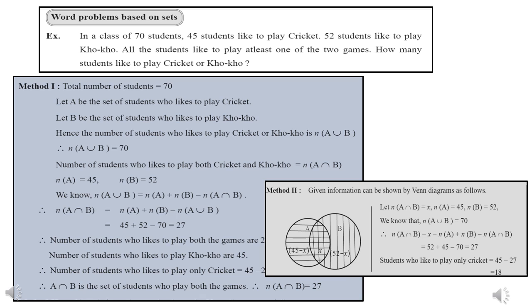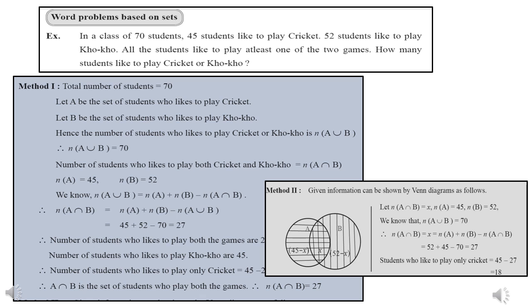So n(A) is 45, n(B) is 52. We know n(A union B) is 70. So if I use my formula, same as we did in method 1, I will substitute the values in the formula and I will get 27 as the intersection.